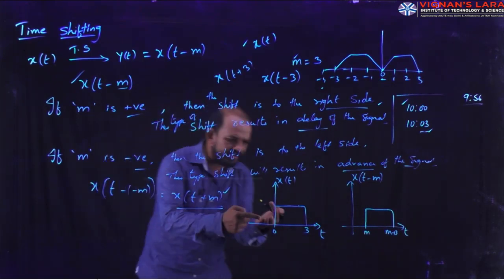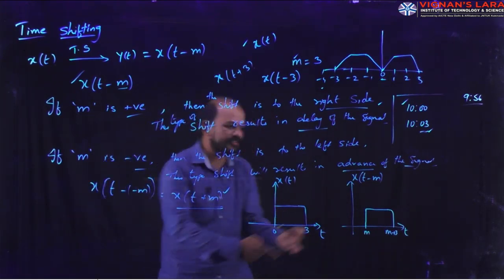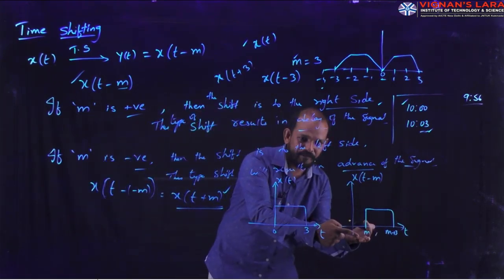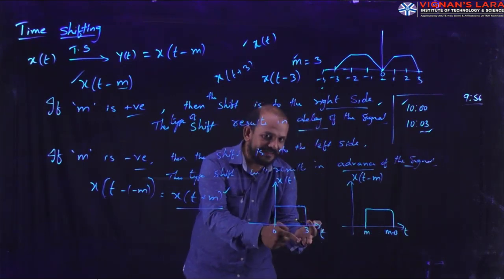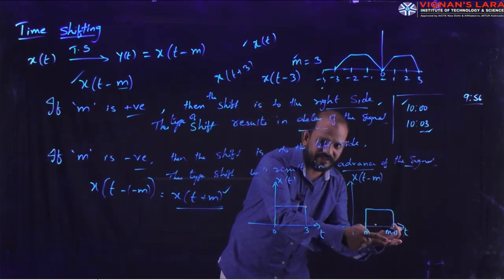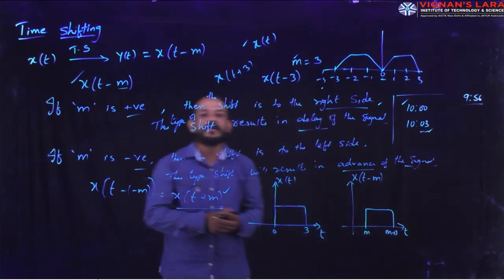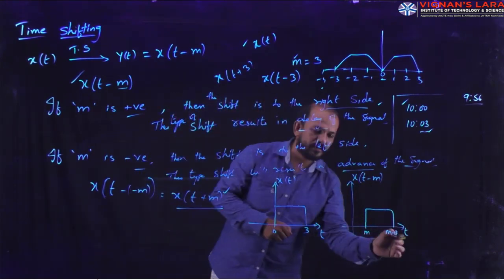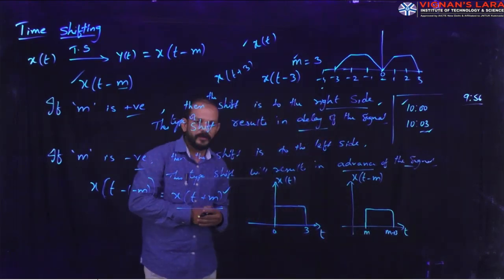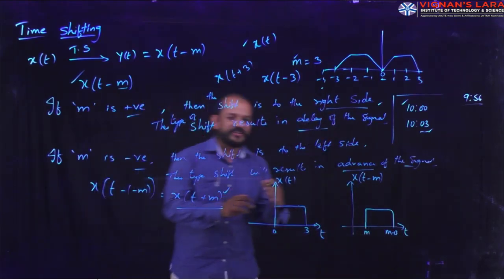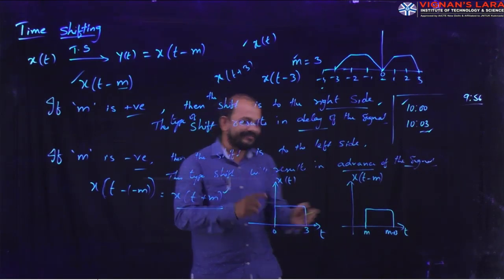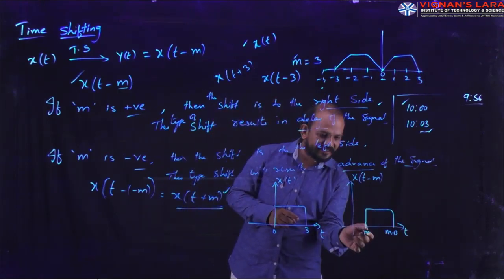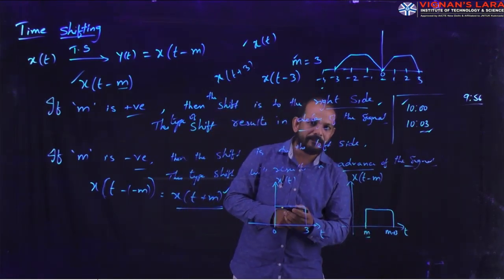So actually it has to start at 0, but it started at m. It has to end at 3, it will end at m plus 3. Clear? So this is nothing but right shift. See, it has delayed the signal by m seconds.